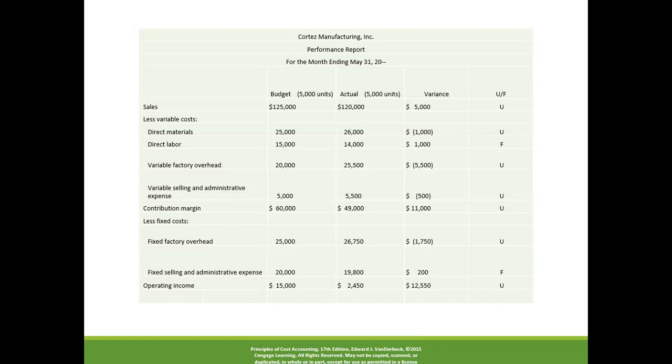We can drill down and determine: do we have a favorable variance because we paid our workers less per hour than what we budgeted, meaning the direct labor rate is less per hour? Or is it because our workers were more efficient than what we budgeted? So there's a labor rate variance and a labor efficiency variance.